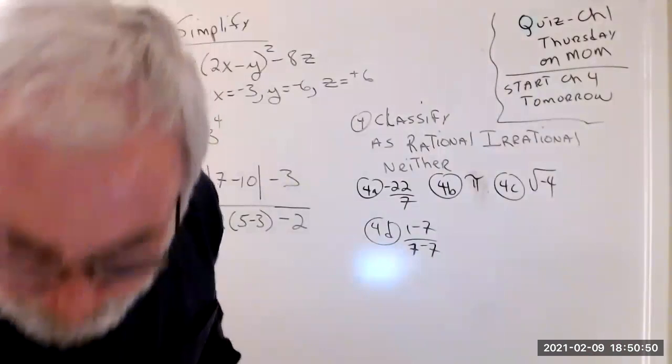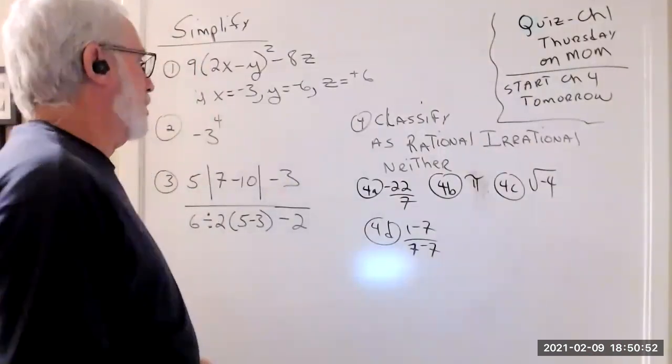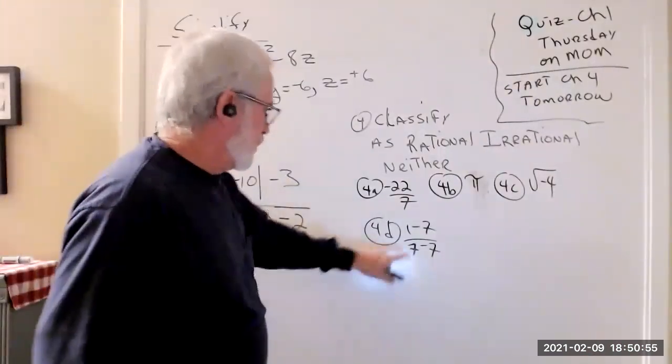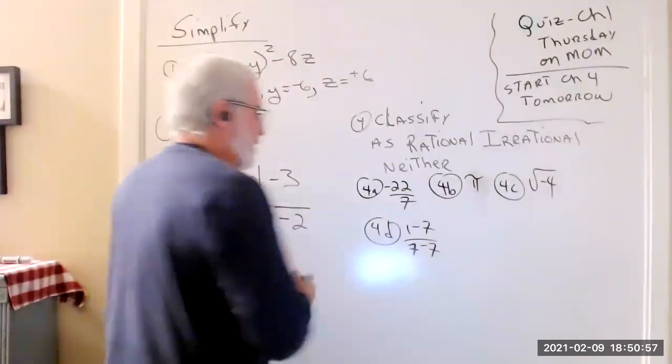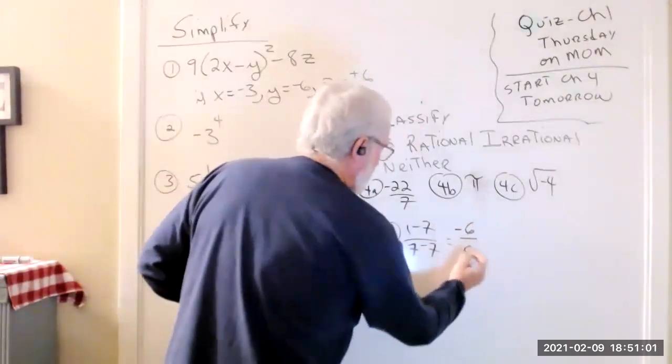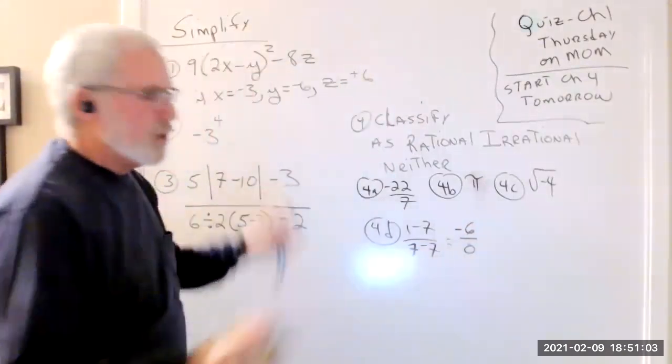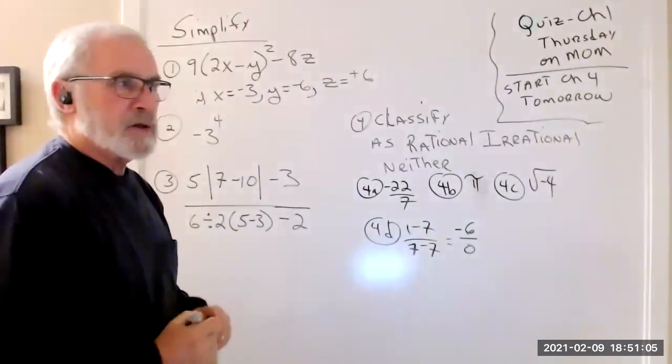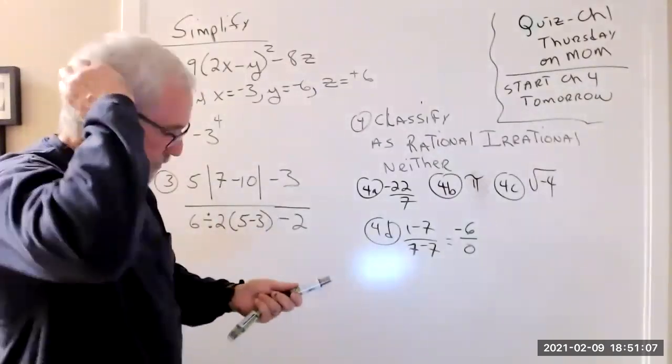Okay, let's start down here. If I clean up the numerator, I get -6. Clean up the denominator, I get 0. You can never have 0 in the denominator, ever, ever, ever.